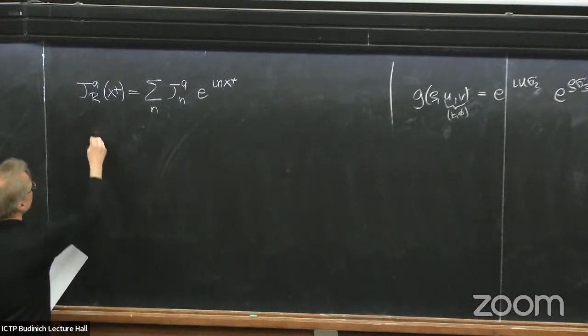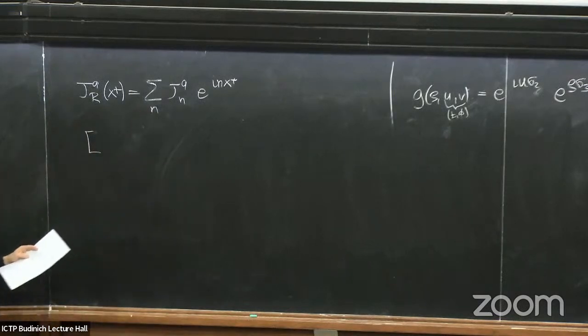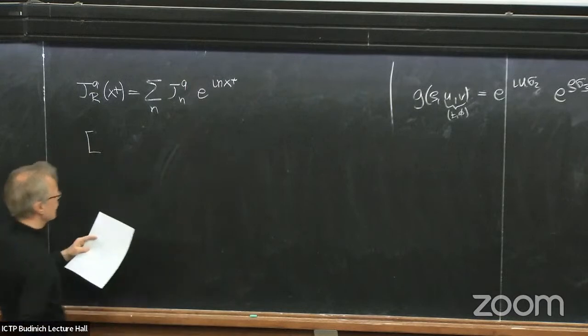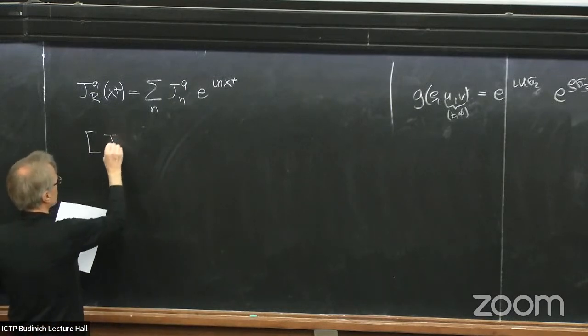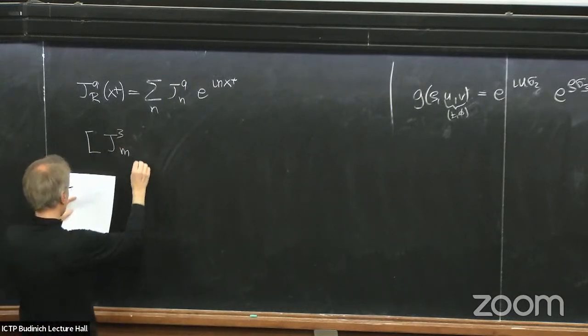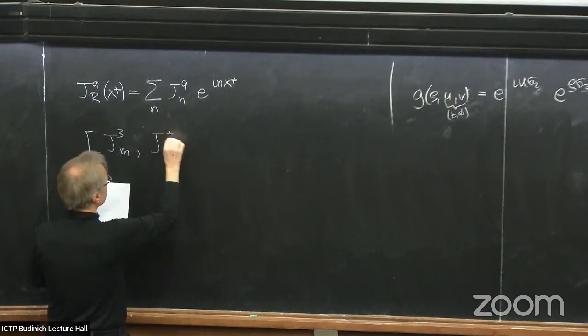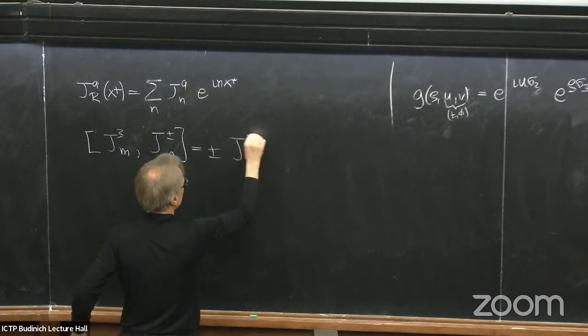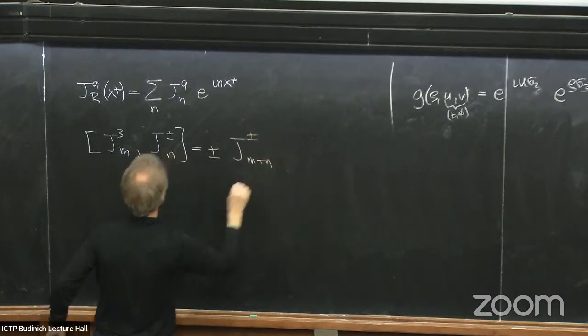And lo and behold, if you do that, what you find is that these currents, these modes of these currents satisfy the Kac-Moody algebra. And in my convention, the Kac-Moody algebra will be the following. It'll be plus or minus m plus n.